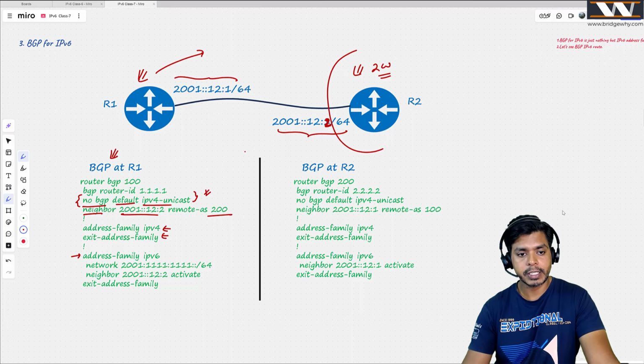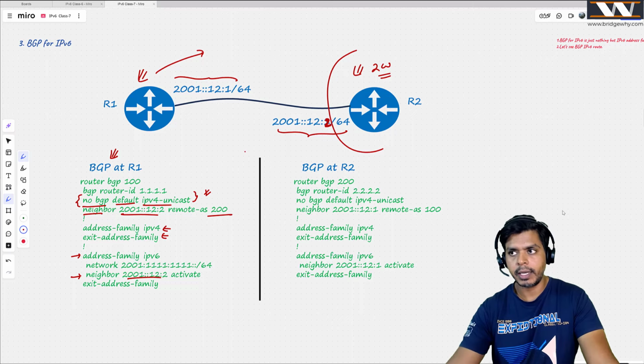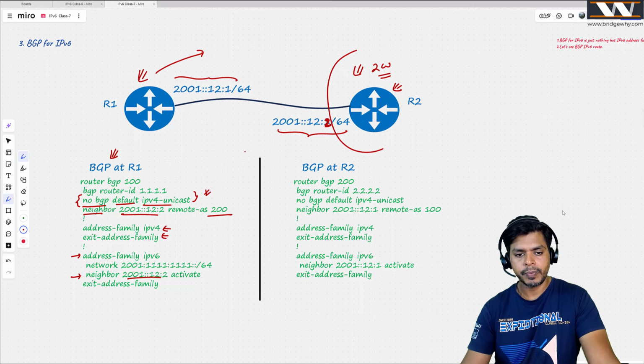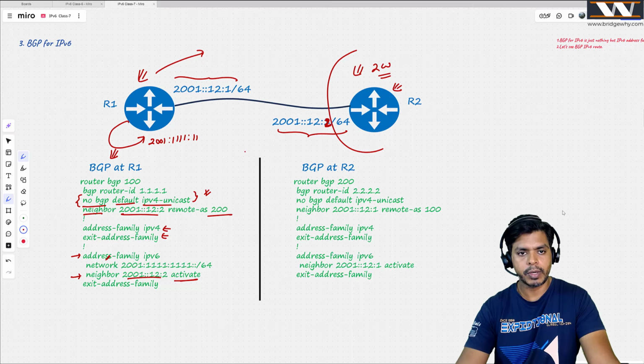And now we have defined address family IPv6. Inside address family IPv6, I have defined the neighbor 12::2, which is my router number 2. I am activating it and I am advertising this network, which is nothing but a loopback address configured on my R1 interface, which is 2001:1111:1111::/64.